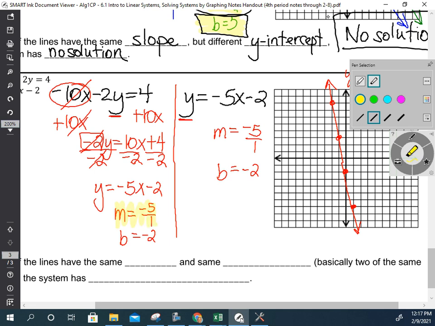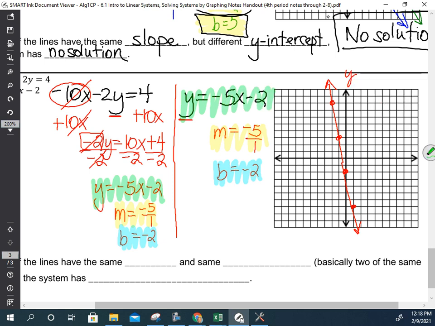What do you notice about the slope? And what do you notice about the y-intercept? Everything is the same. Everything matches.